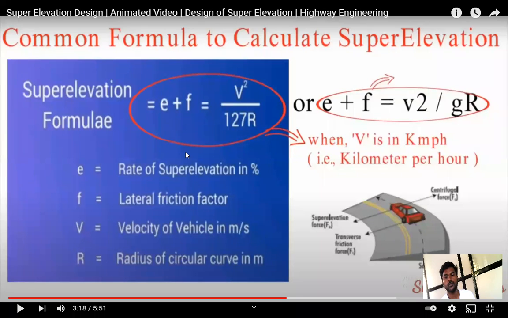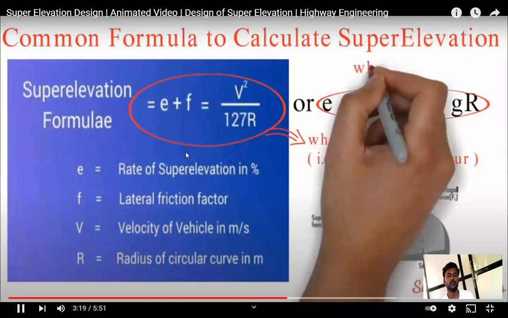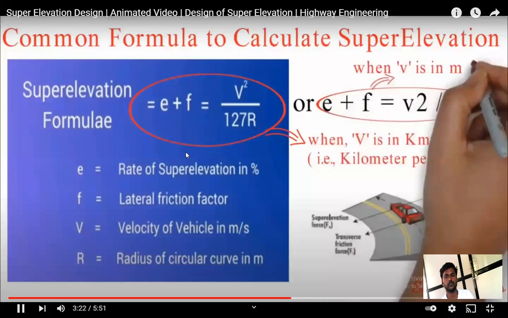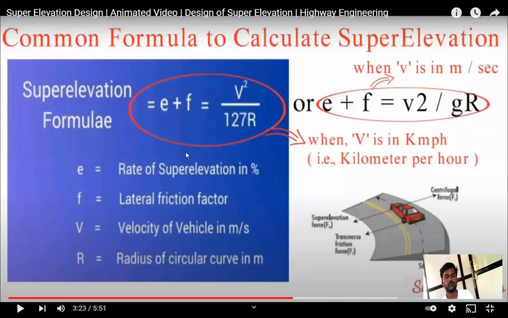When the velocity is in kilometer per hour, E plus F is equal to V square upon 127 R. It's a very important formula. Write down this formula.